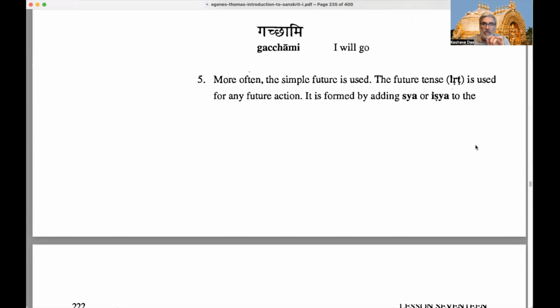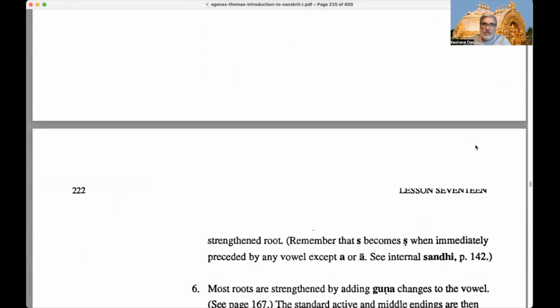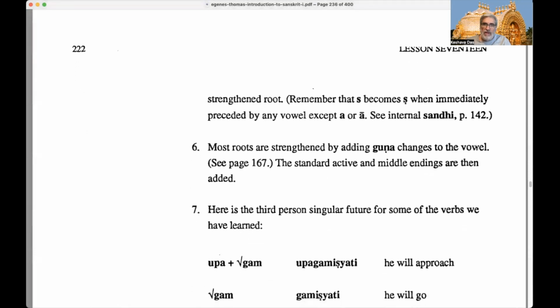So sya or ishya is added, either one. In different cases, one or the other will be added, right? Not to the very end of the word, but to the end of the strengthened root. So remember that the dental S becomes a cerebral S when immediately preceded by any vowel except short or long A.